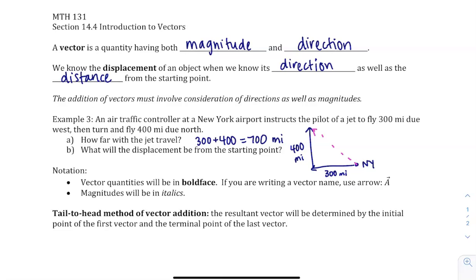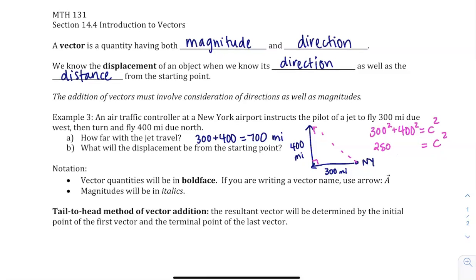Well, you should see that this is a right triangle, so we can solve 300 squared plus 400 squared equals our hypotenuse squared. When you add this together, you get 250,000. Then when you take the square root, you see that the ultimate displacement was 500 miles.